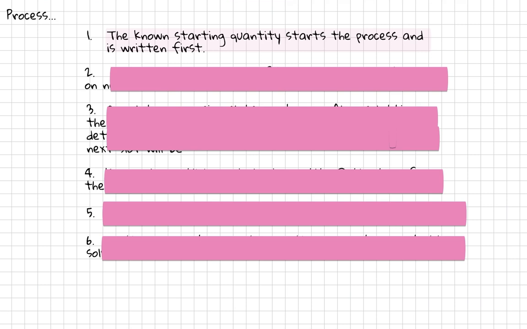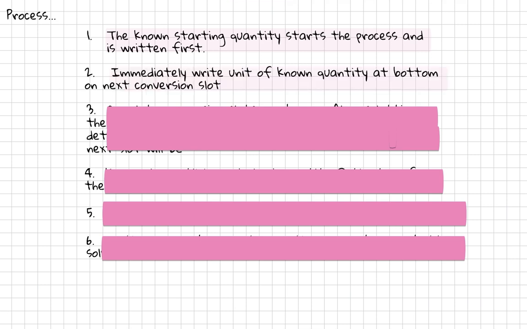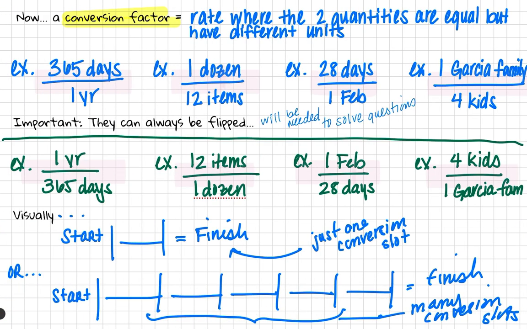Number 2 is that immediately you write the unit of the known quantity at the bottom of the next conversion slot. So whatever you start here, if it was, for example, 1 year, if you have 1 year here, you automatically put year here.